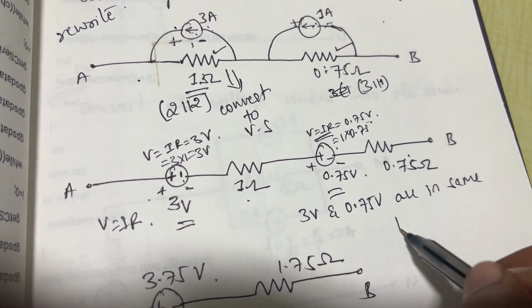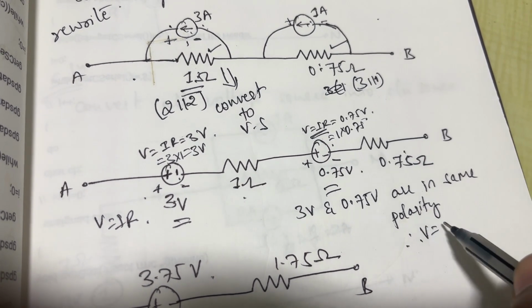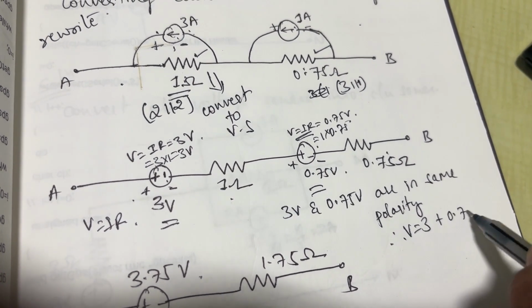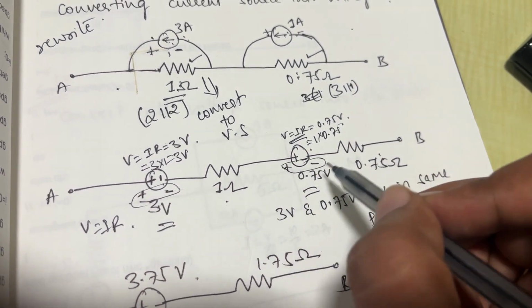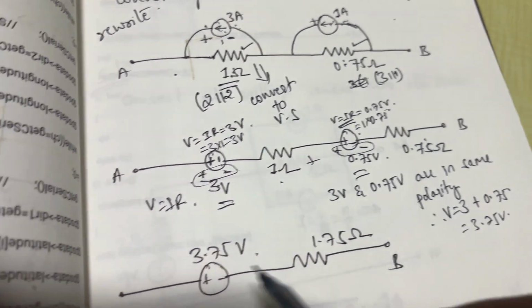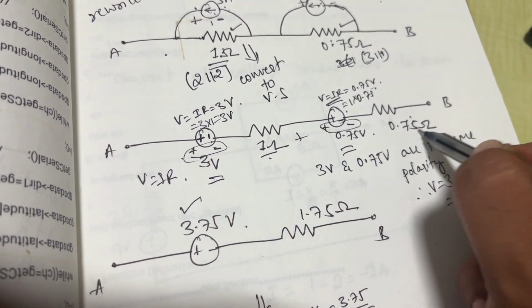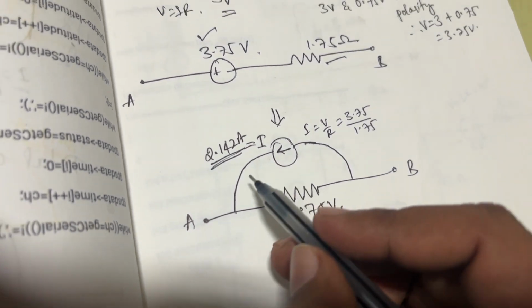That's why you need to add the voltage sources. You will get the equivalent voltage source, that is 3 plus 0.75, nothing but 3.75 volts with the same polarity of plus to minus. Similarly, for the equivalent resistor, 1 and 0.75 are in series, you can get 1.75.